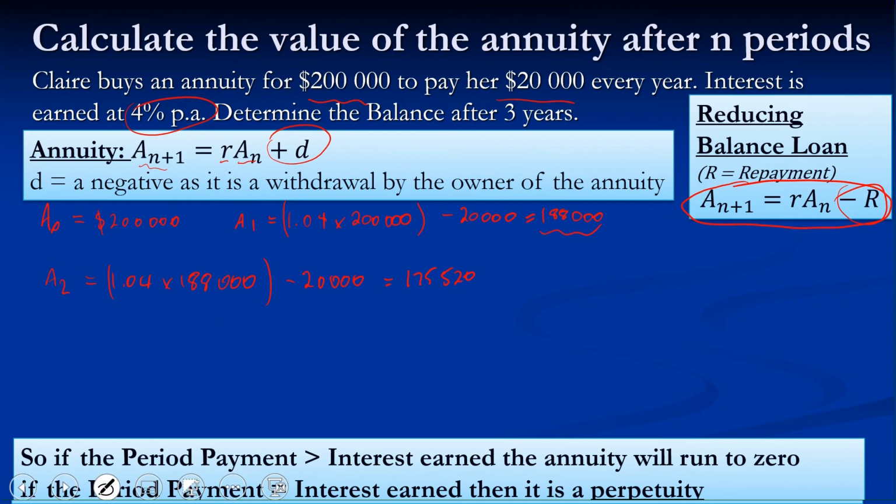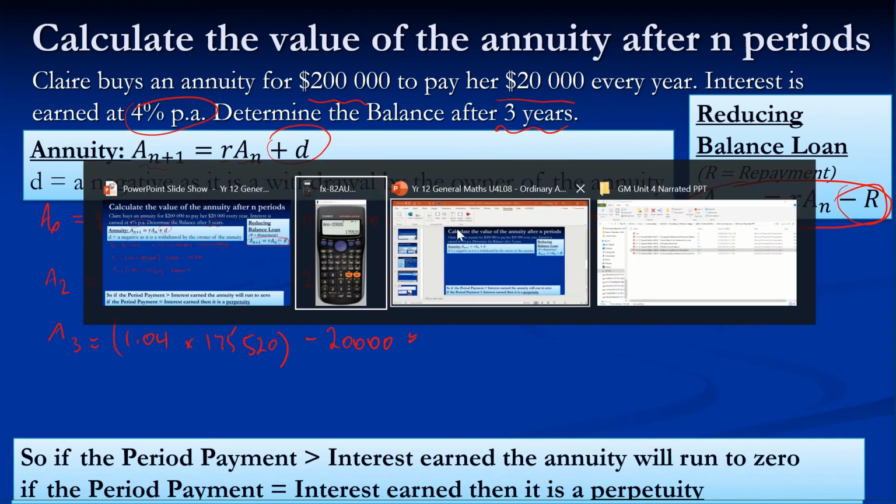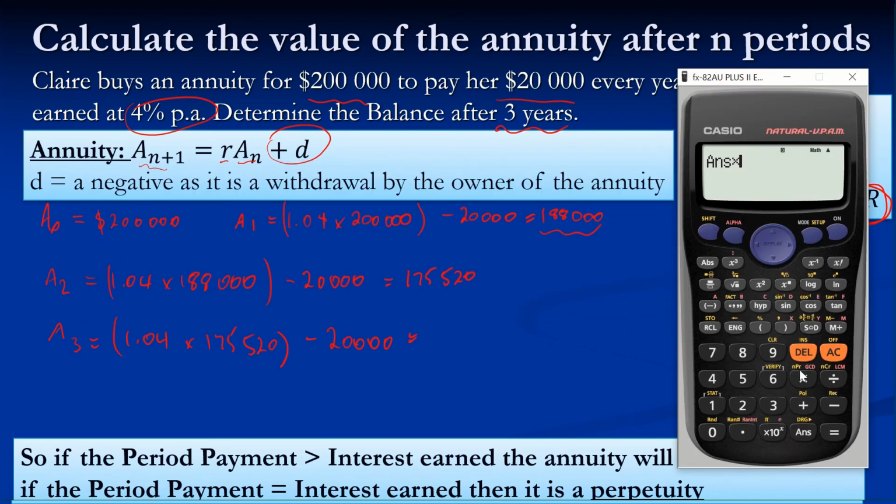And then after 3 years, let's work out A3. So 1.04 times 175,520, take 20,000. You can see I'm keeping the previous answer in all the time just to avoid rounding errors.